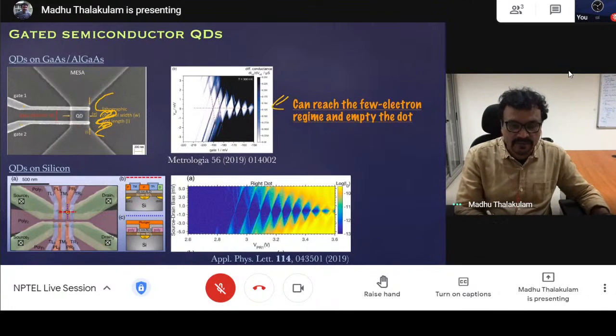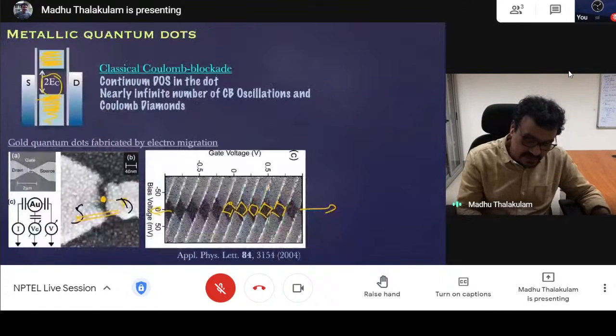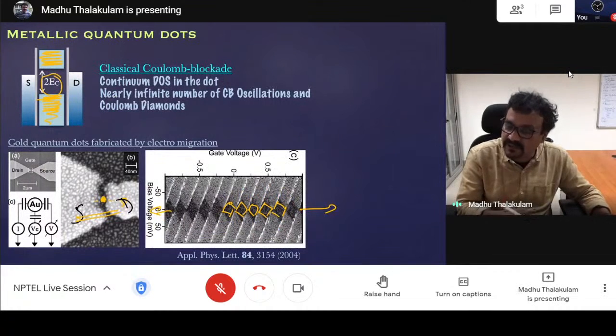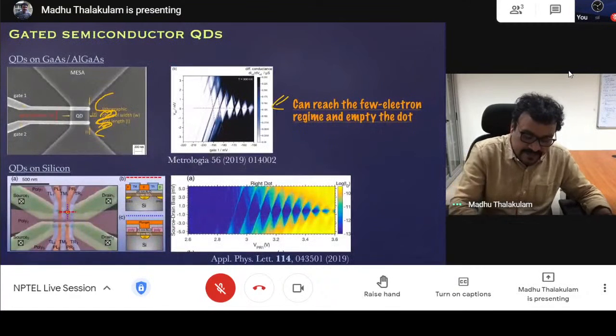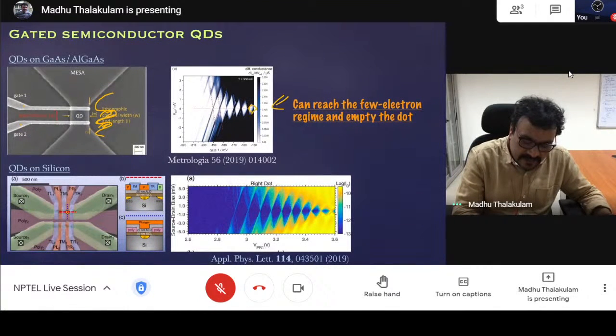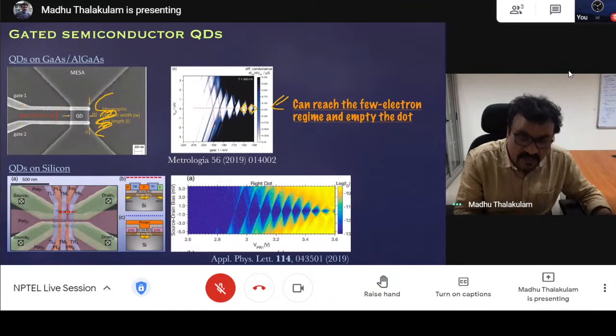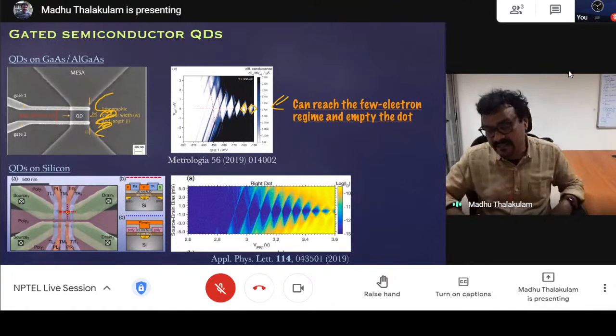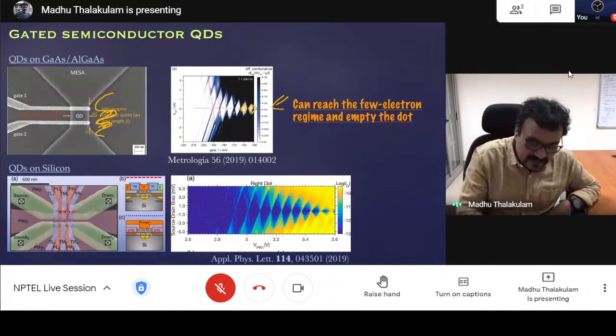Now, unlike the previous case where the Coulomb diamonds are almost similar in size and you have an infinite number of them, in this case you start with a very small Coulomb diamond, and as you reduce the gate voltage, these Coulomb diamonds increase in size, and finally you have nothing. It doesn't continue; it stops at some point.